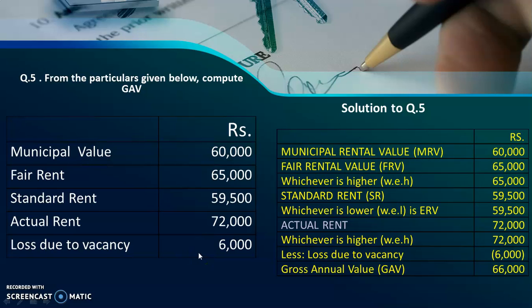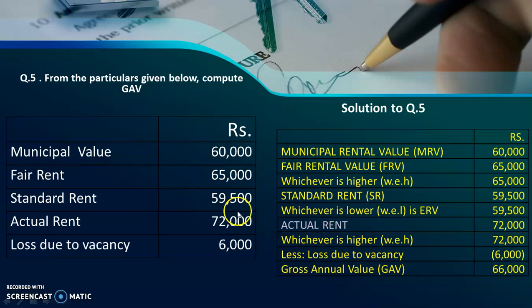While loss due to vacancy is there in the question, how is it to be considered? See this, municipal rental value and fair rental value are to be compared, and take the higher value, that is 65,000. With that, compare the standard rent 59,500. Take the lower value. Comparing 65,000 and 59,500, 59,500 is the lower value, and this will be the ERV.